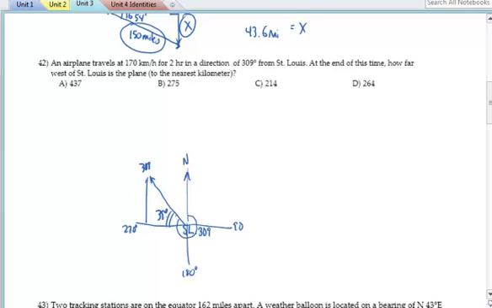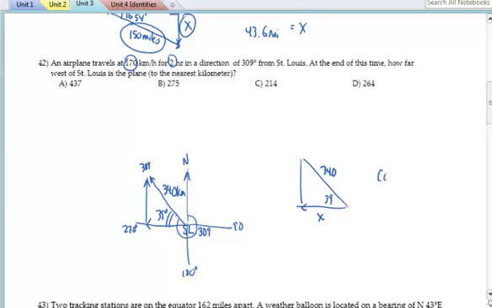We'll use right triangle trig again to figure out the western component of that triangle. Because it was traveling for 2 hours at 170, this is 340 kilometers. We'll redraw this triangle: this is 39, this is 340, and this is the side we're looking for, because it wants to know how far to the west of St. Louis the plane has traveled.